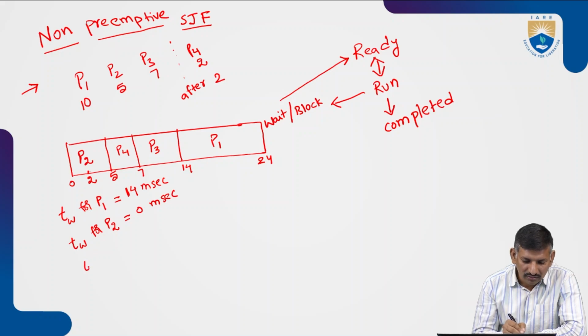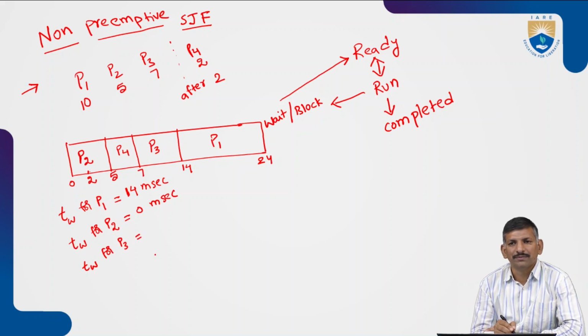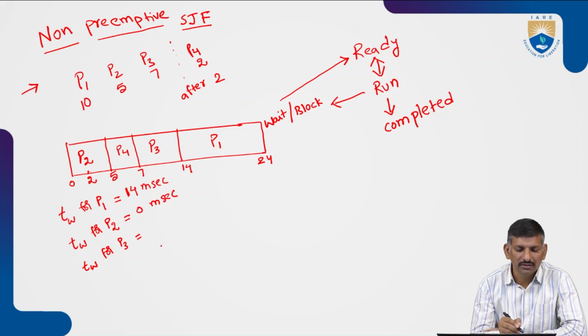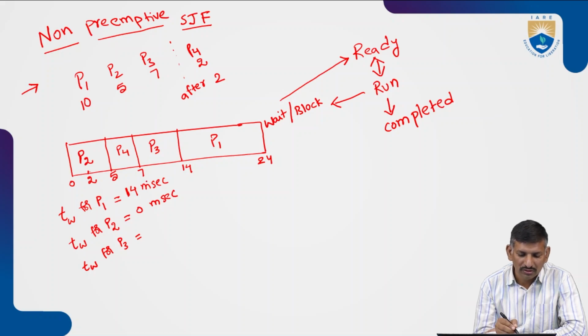Next, waiting time for CPU by process P3. P3 enters into the ready state at the time of 0 and is scheduled for execution at the 7th millisecond. So it waits 7 milliseconds in the ready state for CPU.